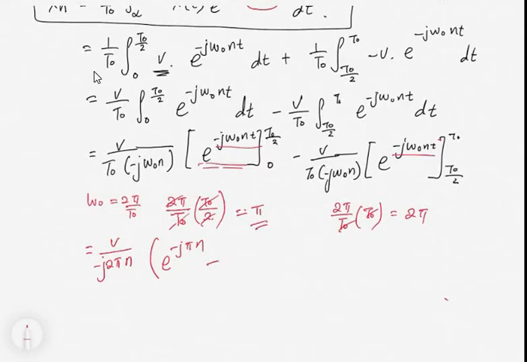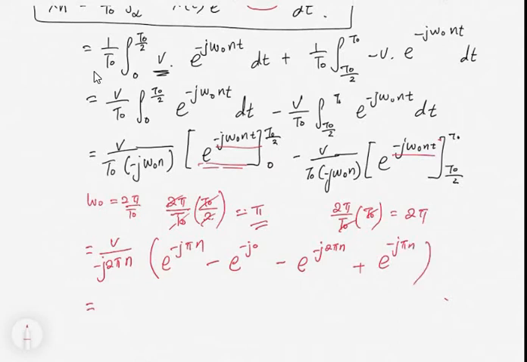And then minus, with the second part e to the minus j 2 pi n, plus, because minus minus you get plus, with e to the minus j pi n.